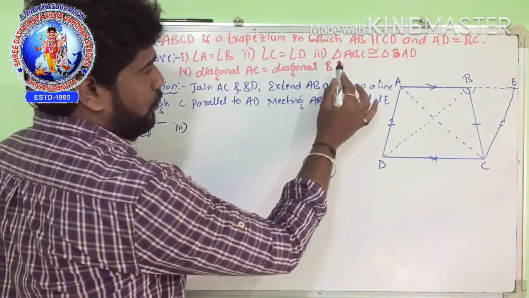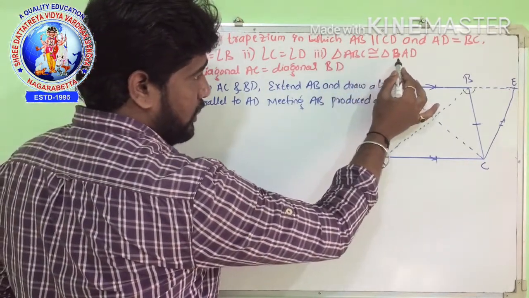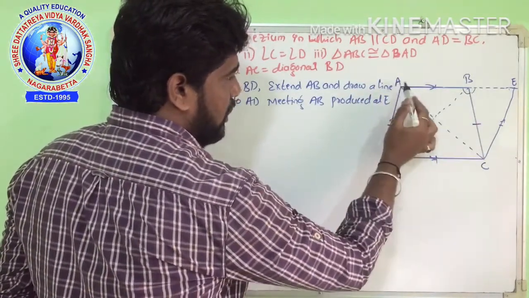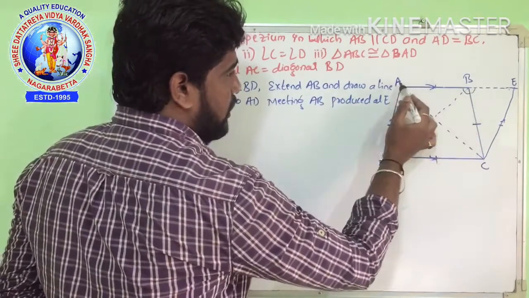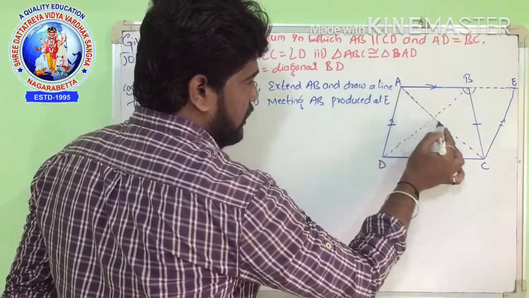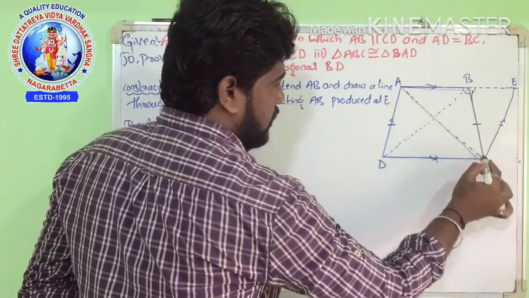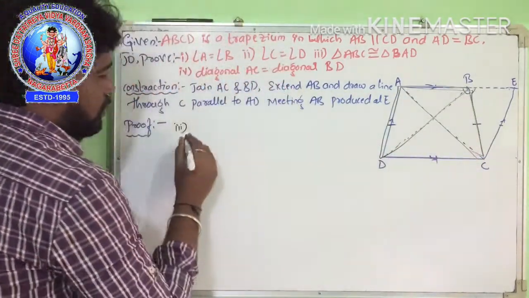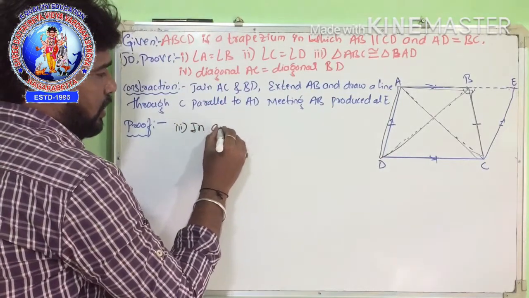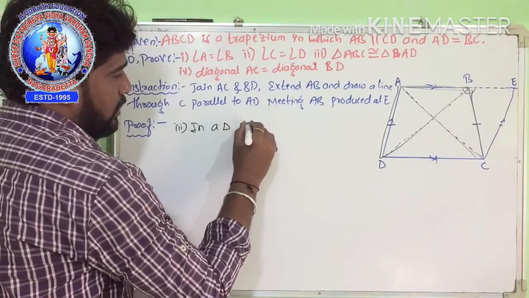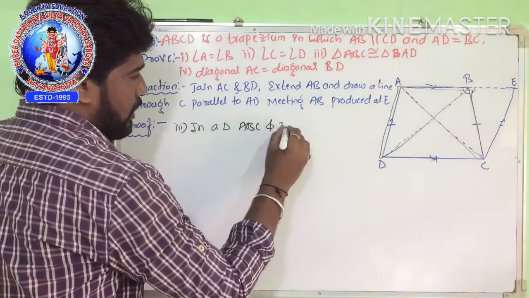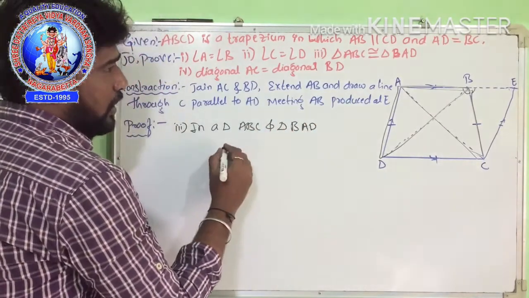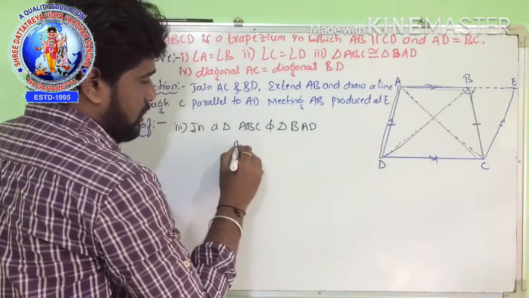Well students, now the third one. Third one we want to prove triangle ABC is congruent to triangle BAD. See here, ABC and BAD, these two triangles. So write down, in triangle ABC and triangle BAD, AB is common.